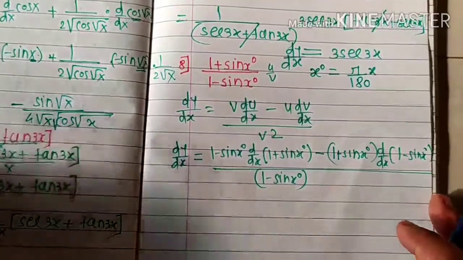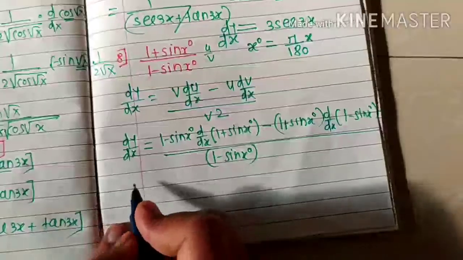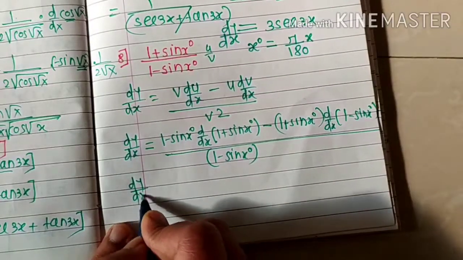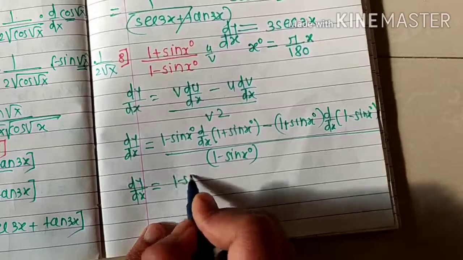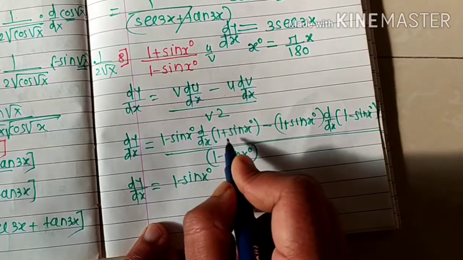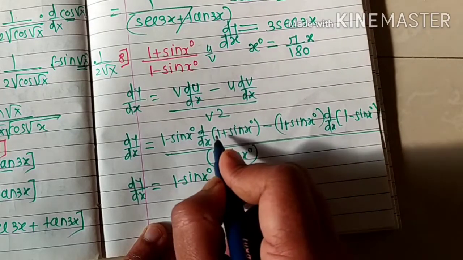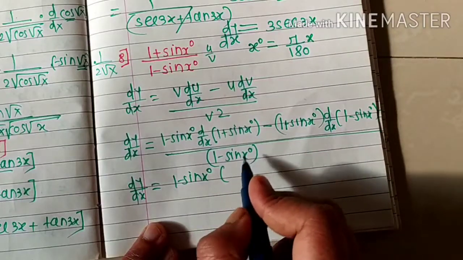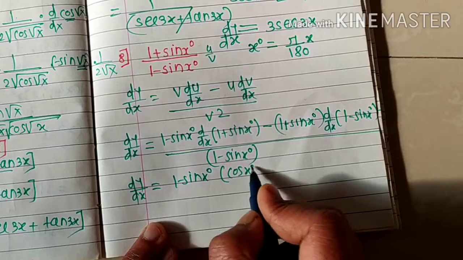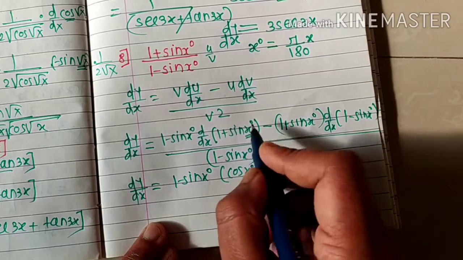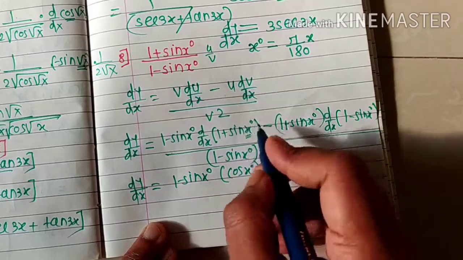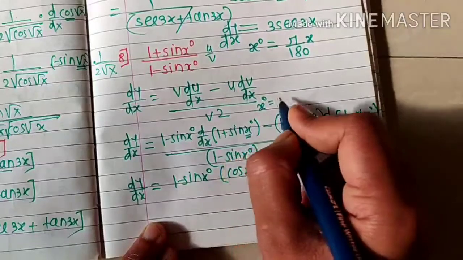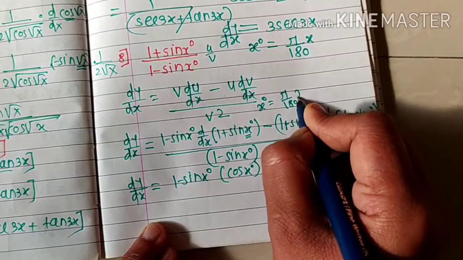Okay, then differentiate in our usual way. When we differentiate this, the derivative of 1 is 0, and the derivative of sin x degree is cos x degree into the derivative of the inside term, where x degree means pi by 180 into x.